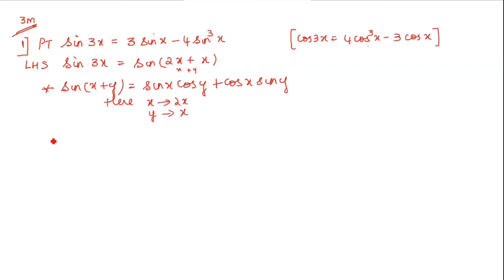Substitute. So therefore sine 3x is equal to, use this formula, sine x means what? 2x, cos y means who? x, plus cos x means 2x, sin y means x. This is the first step.